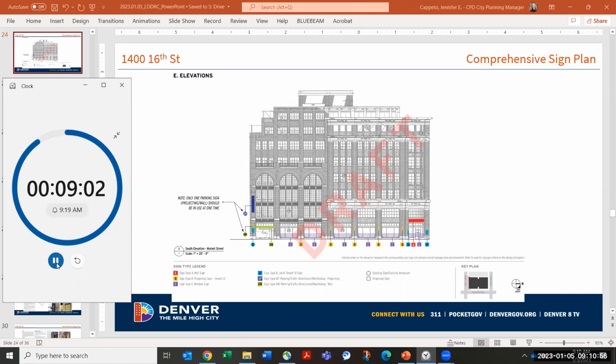The existing ones are quite large, and those will stay unless they get removed. Any new brackets that are built will be built to match the existing ones, but slightly smaller so that they will conform to this new CSP.